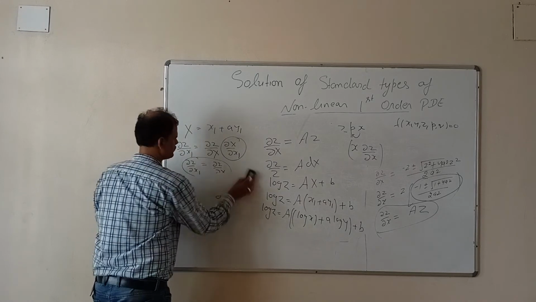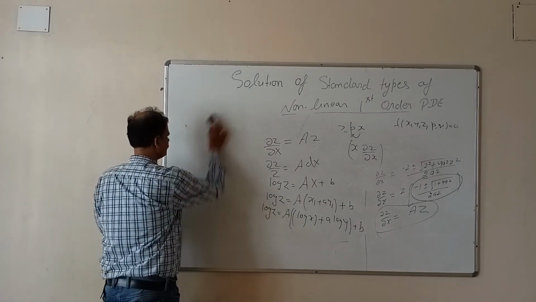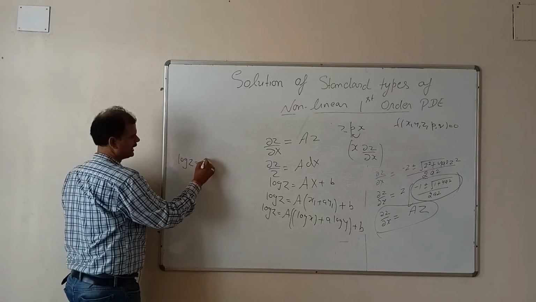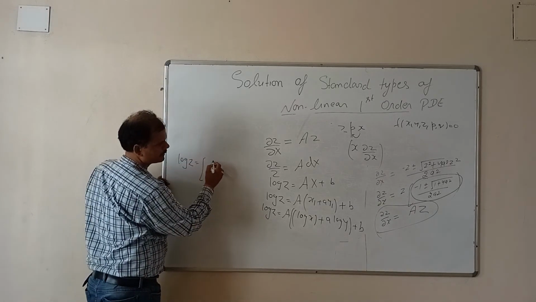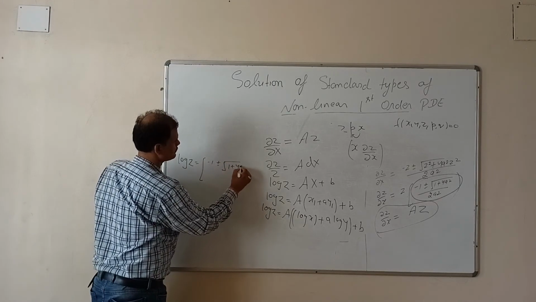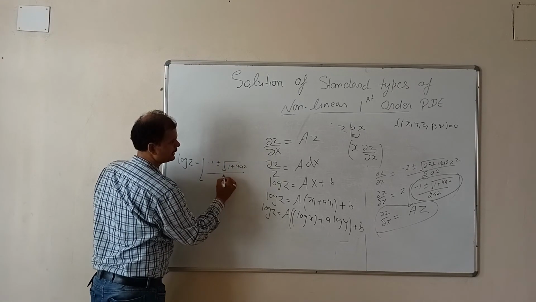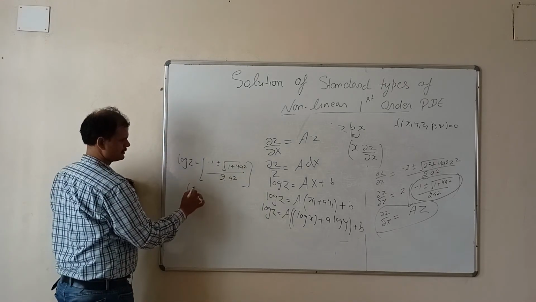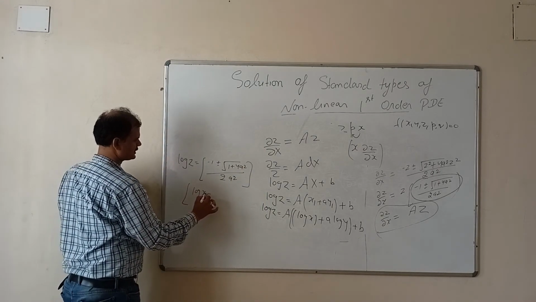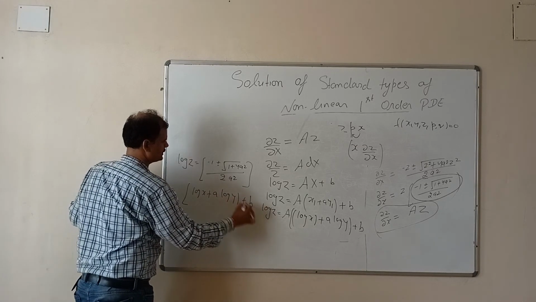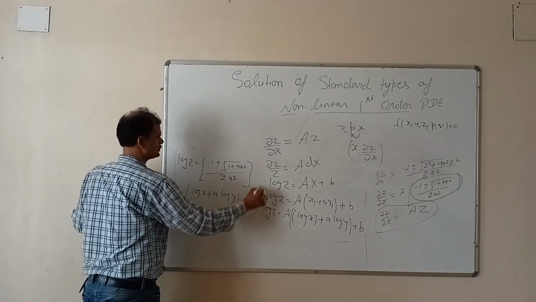So your final answer will be log z equal to (minus 1 plus minus root of 1 plus 4a square) by 2a square times (log x plus a log y) plus b. So this is your solution.